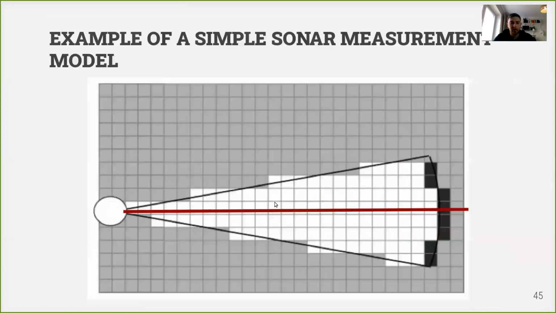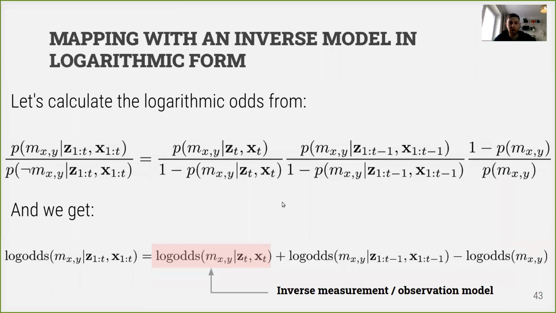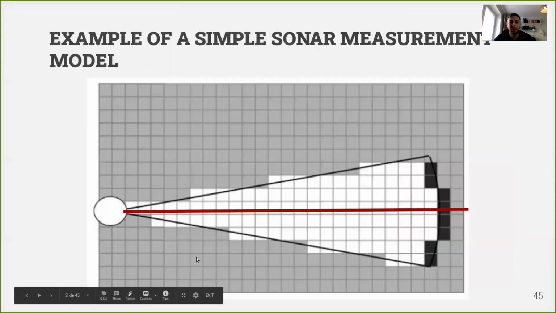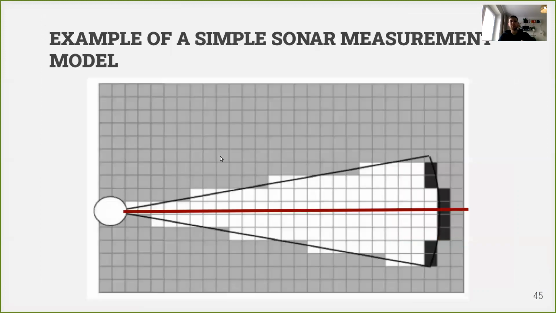And let's see how this measurement model works. So we said that there is some inverse sensor model, which is unfamiliar for us. Let's see how it can be constructed in real life for a real sensor. Imagine we have a sonar. You remember that the sonar is a sensor which uses ultrasound to check if there are obstacles.